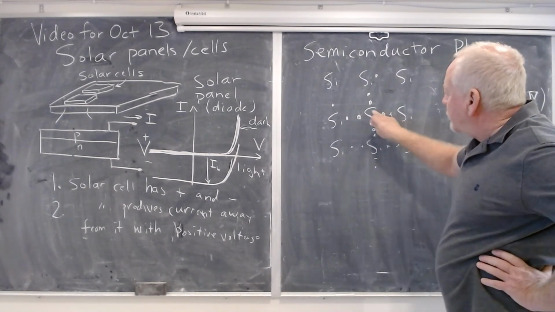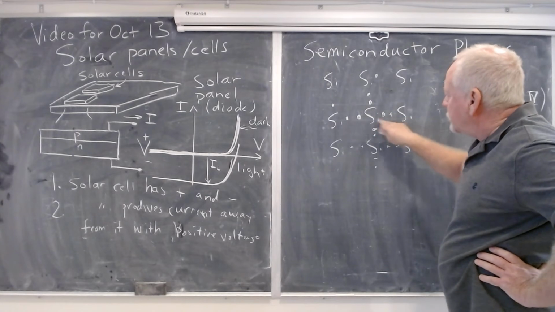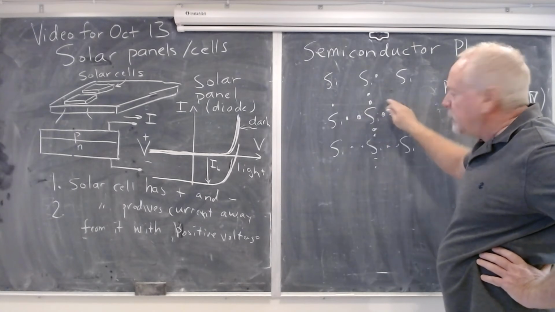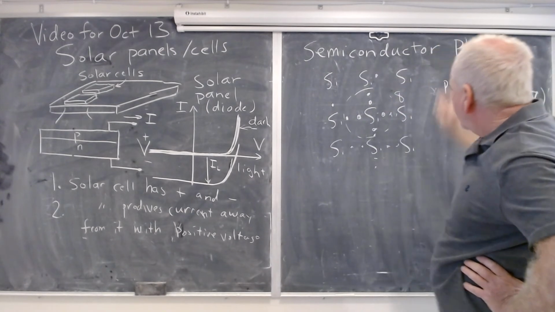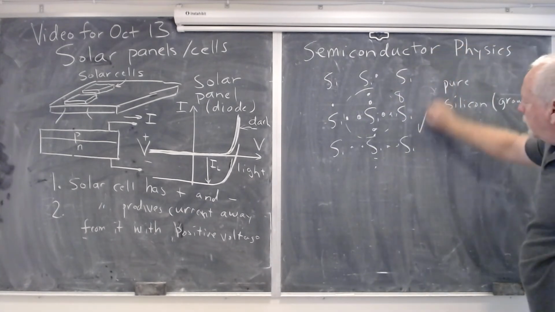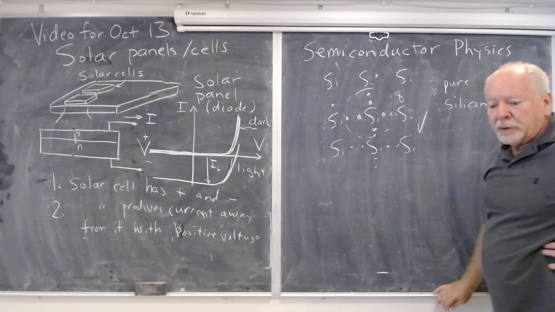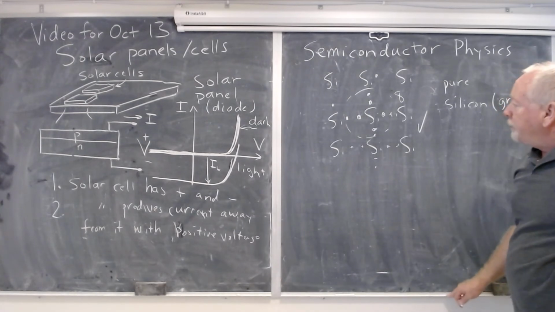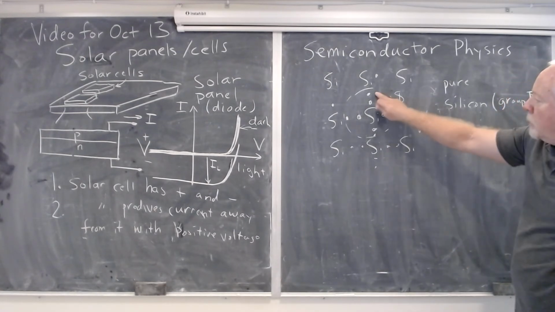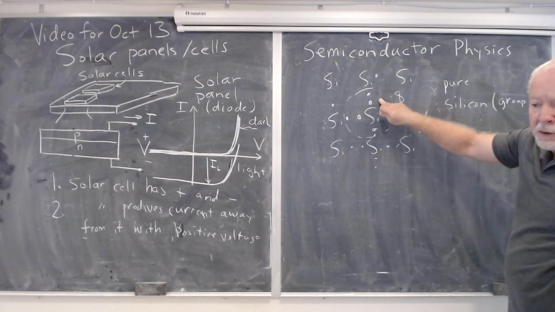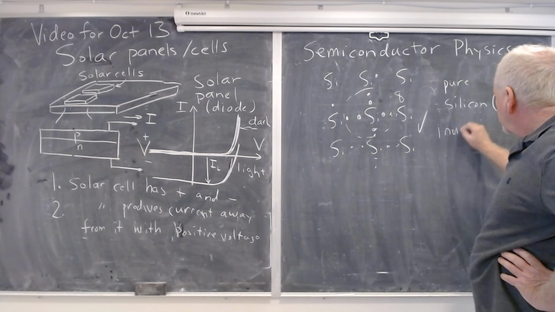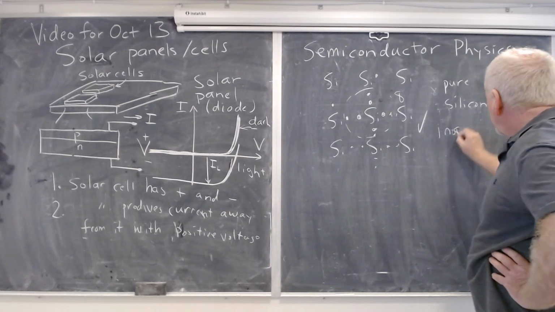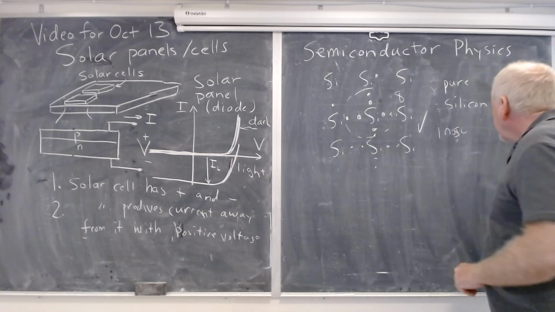And since it has 4 valence electrons and each neighbor supplies a valence electron, there are 8 around each one. And so it's a very stable solid. Now, because all the valence electrons are locked up in bonds, it is an electrical insulator.